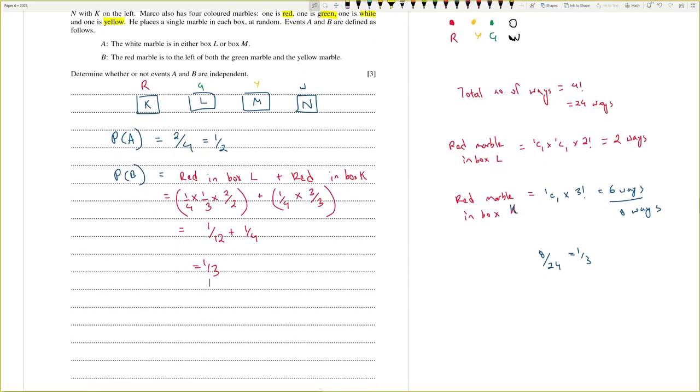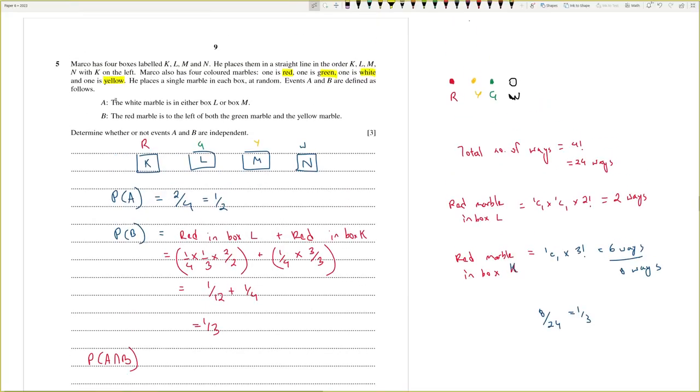Okay. So we had to determine whether or not these events are independent. So for independence, we need to find out P(A intersection B). We need to figure out whether there's any common scenario in both of them. So the common scenario is basically the red marble is on the left of the green and yellow one, and white is in either box L or M. So basically, the first scenario is excluded in the first place, because in the first scenario, red marble being in box L, the green and yellow ones have to be over here, right?